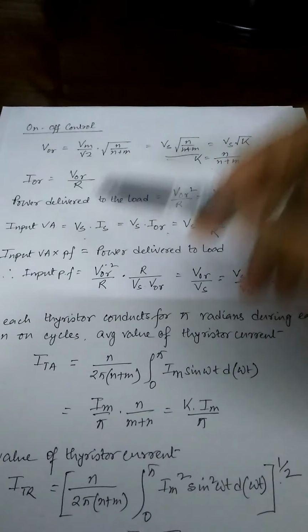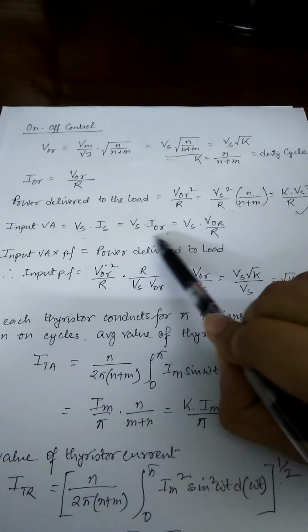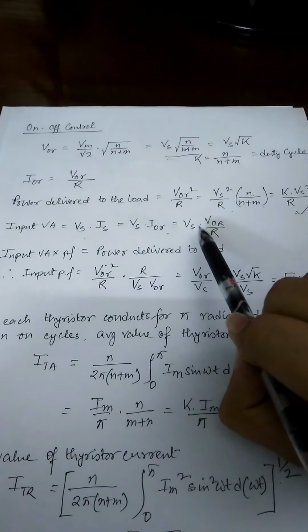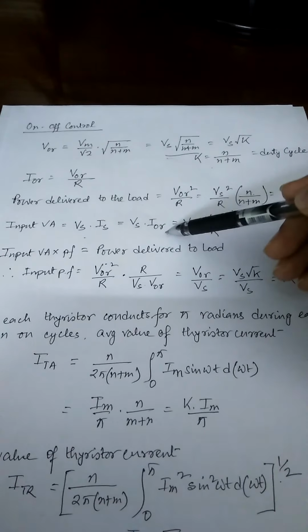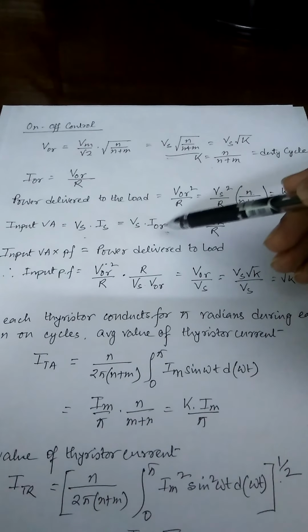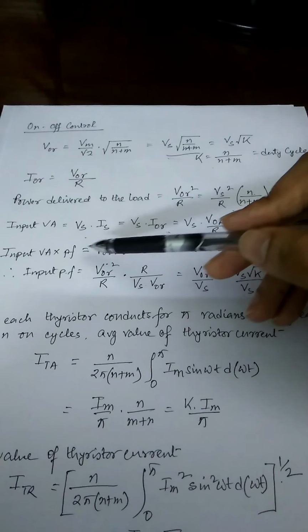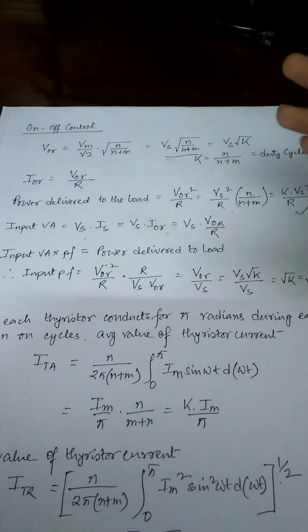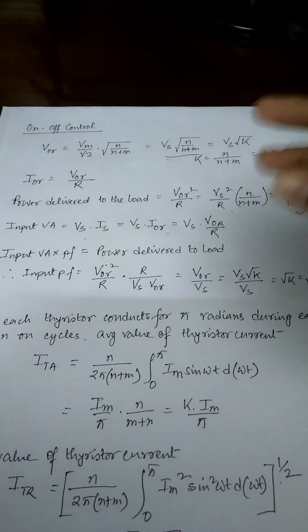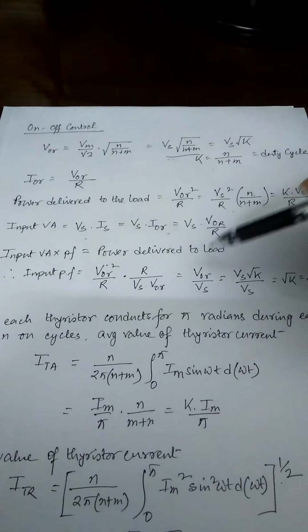So now input power equals Vs into Is, that means Vs into I RMS, that means Vs into V0R divided by R. So this I0R is nothing but the RMS value of load current. Now input VA, we know that the power delivered to the load we are considering in watts. So when we are considering it in watts, that is VI cos phi.